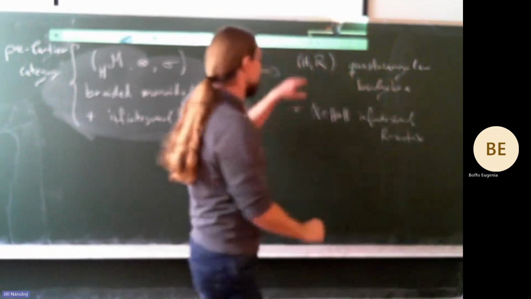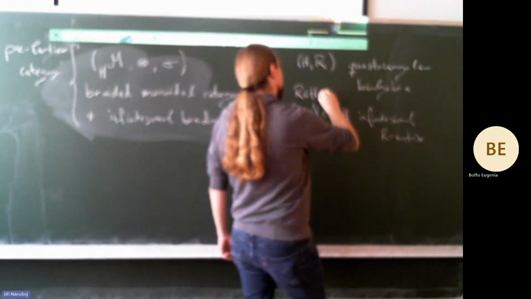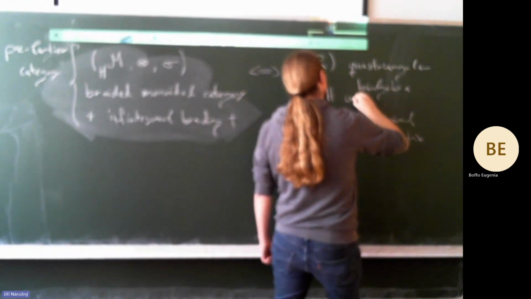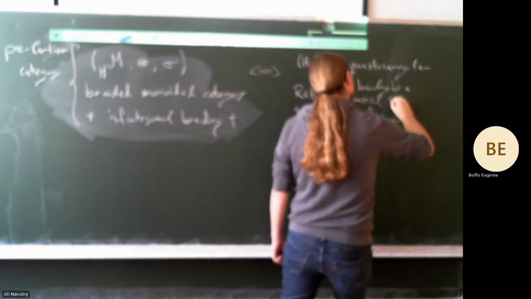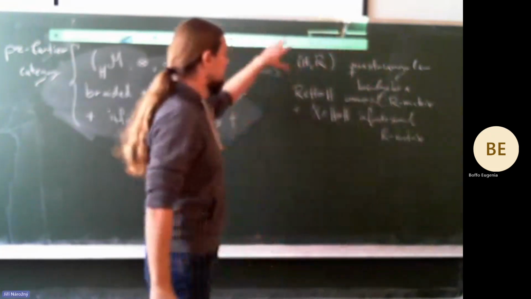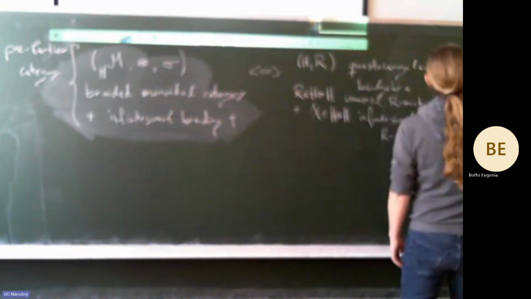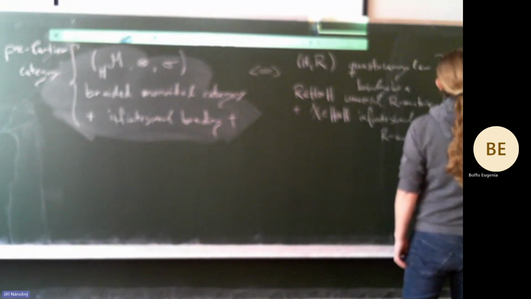Why I didn't say this is R, so this is of course an element in H tensor H with some properties, this is called the universal R-matrix. Okay, and then this data is then what we should call a free braided bialgebra.